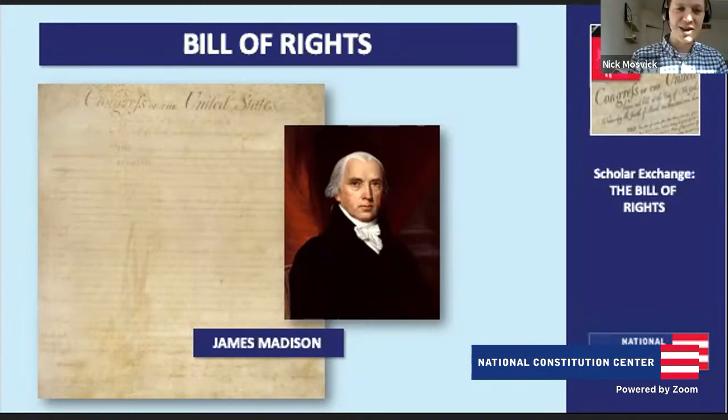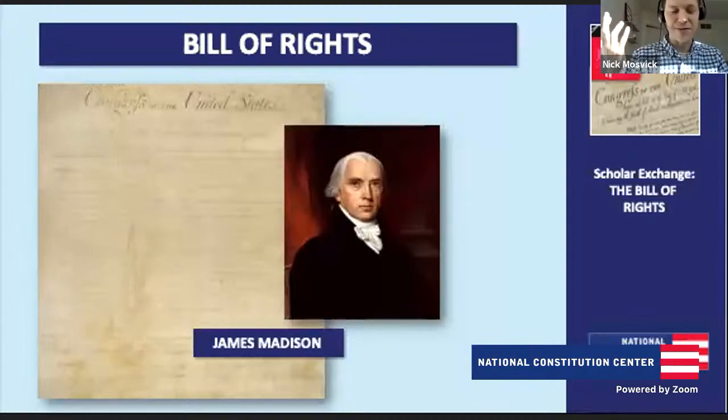Well, yes, the Senate threw out 5 of them. We don't know why they rejected them. 12 amendments were ultimately sent to the states. One of them, as we like to talk about, took 203 years to get ratified. That's the 27th Amendment. The other never did. But the first 10 that got ratified by 1791, those were the Bill of Rights.